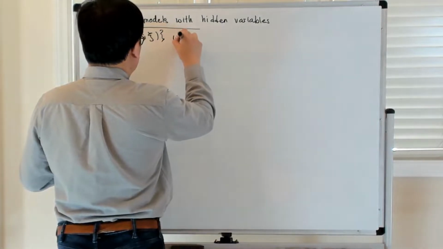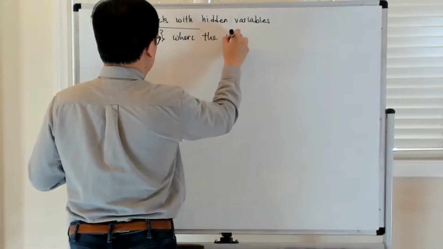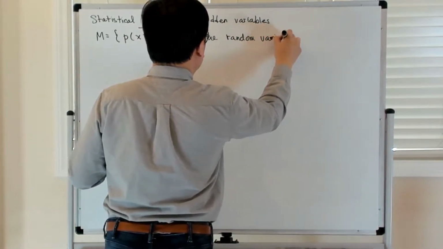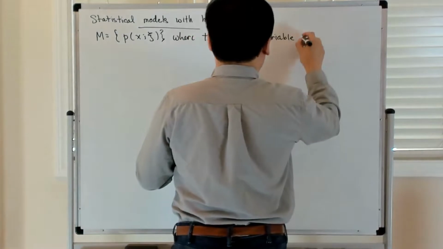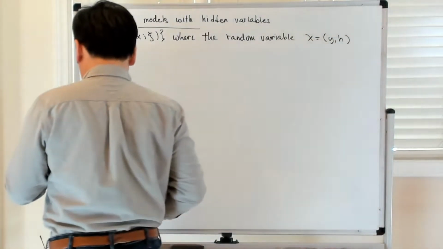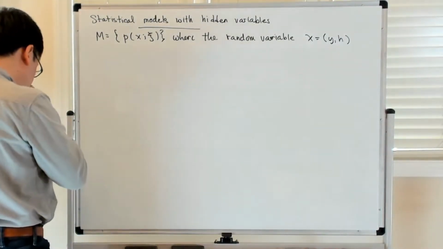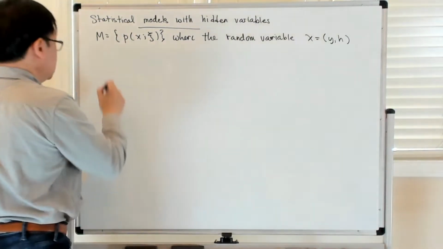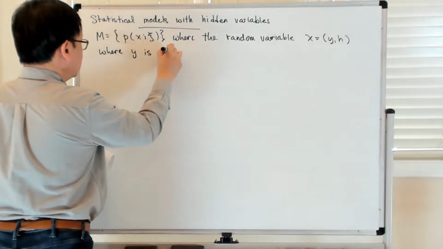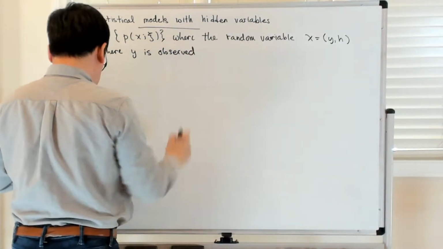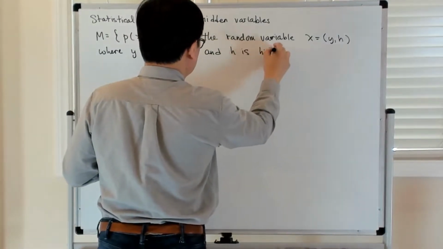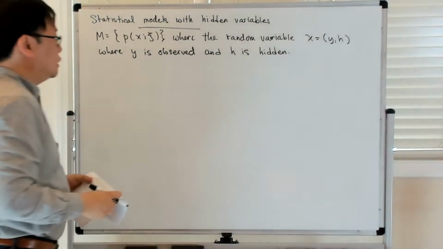So the random variable x is written as (y, h), where y is observed and h is hidden. Okay, so hopefully that's understood, right?